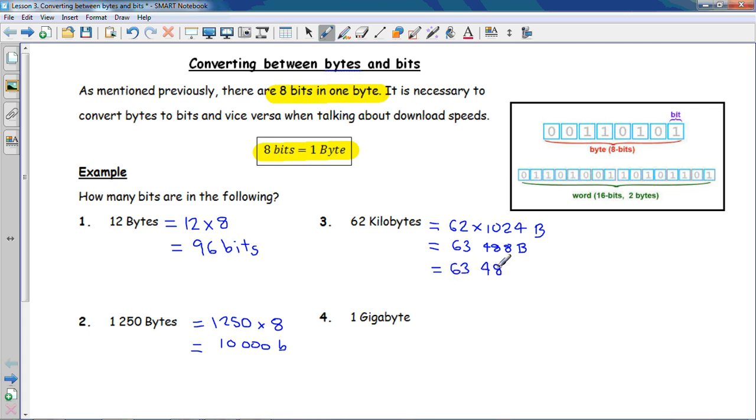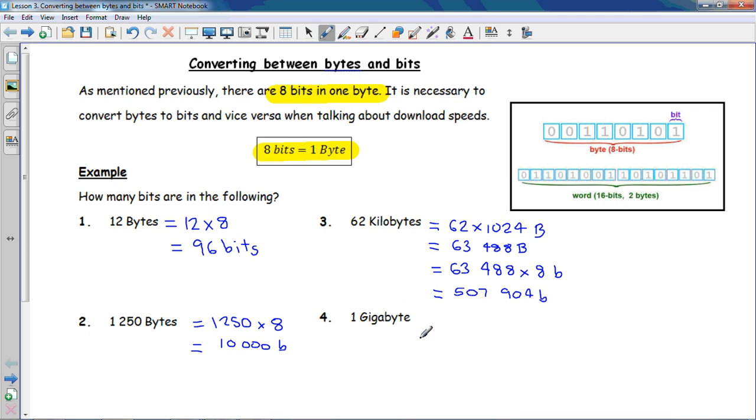So we're going to multiply by 8, and then I'm going to get an answer of a little b for bits. So when I do that, I'm going to get 507,904 bits, little b.